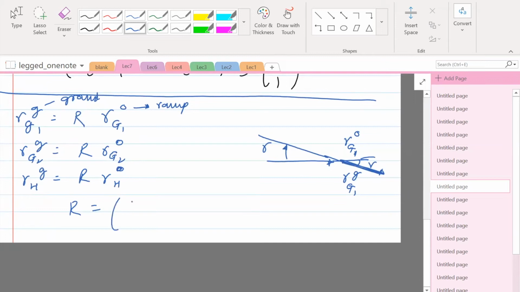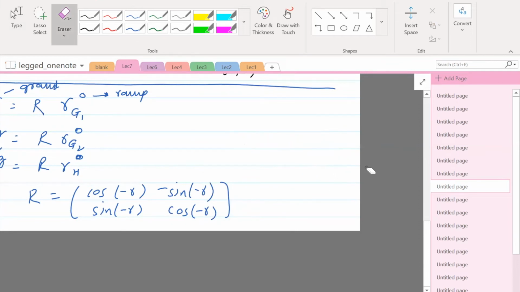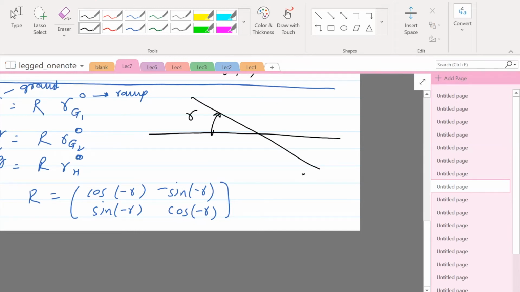So that actually turns out to be cosine minus gamma, sine minus gamma, minus sine minus gamma, cosine minus gamma. And the reason there's a minus gamma instead of gamma is because of the angle from G1, so this angle. Let's write this again. This angle is this way. This is the base frame, this is the ground frame.